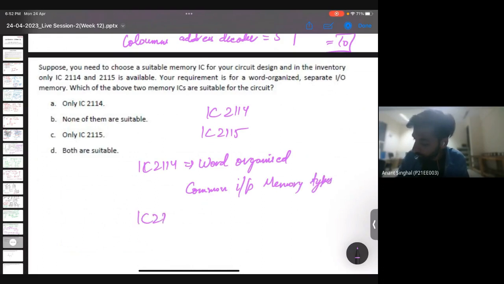Then IC2115 is bit organized and it uses separate IO memory types.